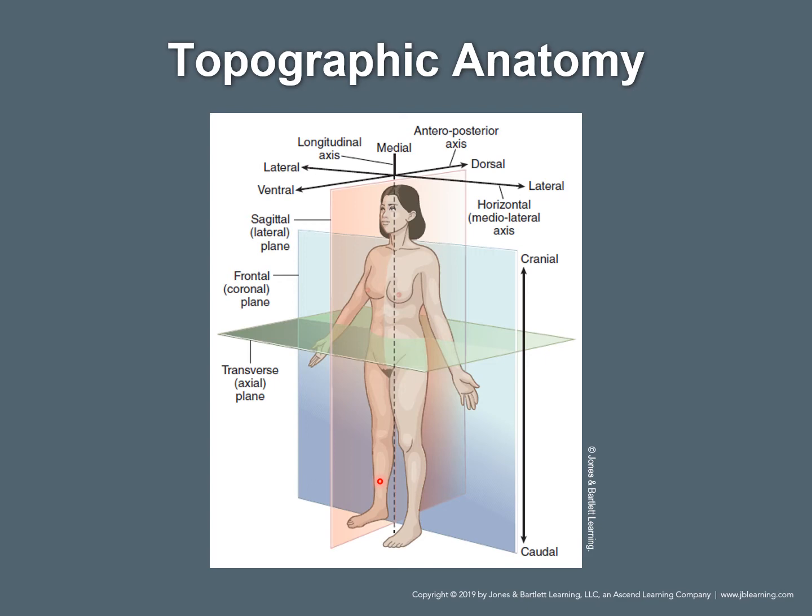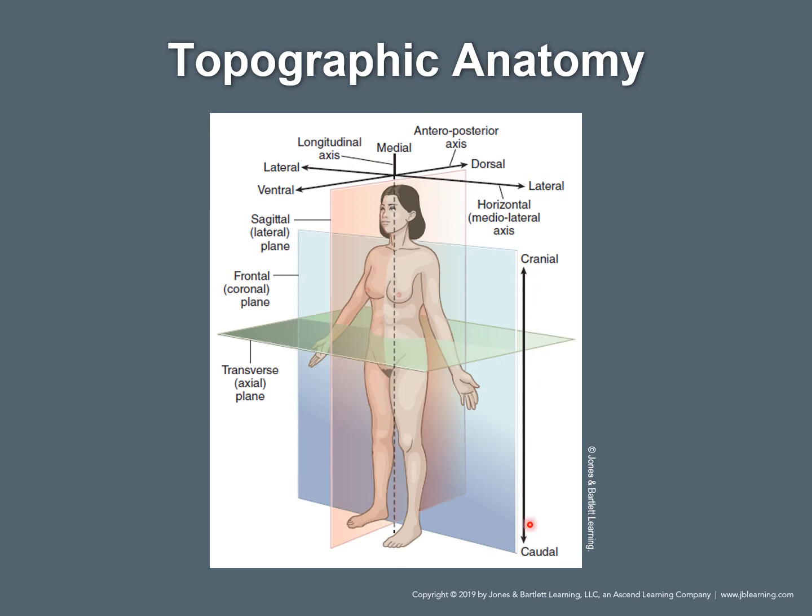An axis is an imaginary line that divides the body equally and creates a point of rotation. So let's just say that you've got this pole sticking down through this person that they're going to turn on. Also notice these here, cranial and caudal.